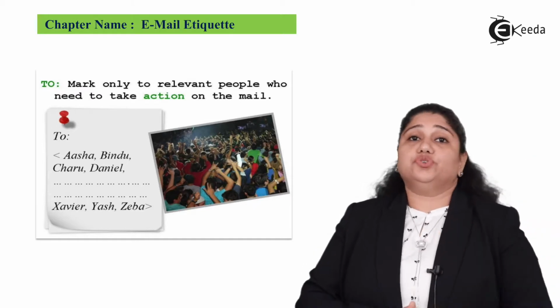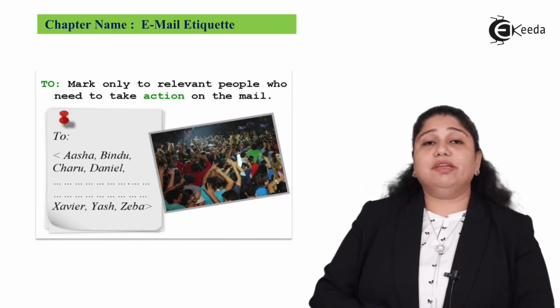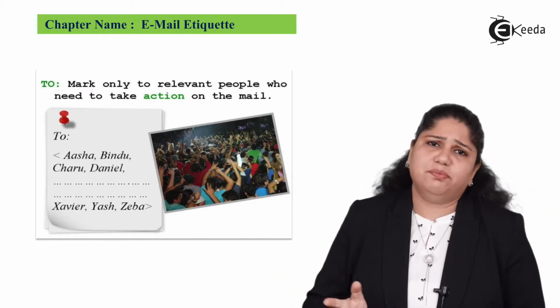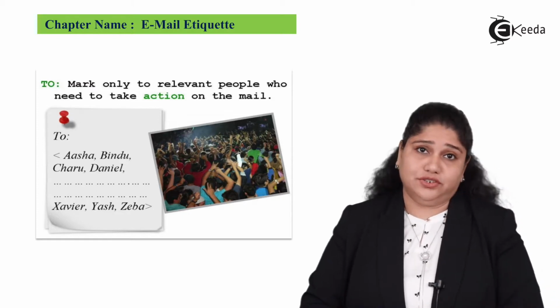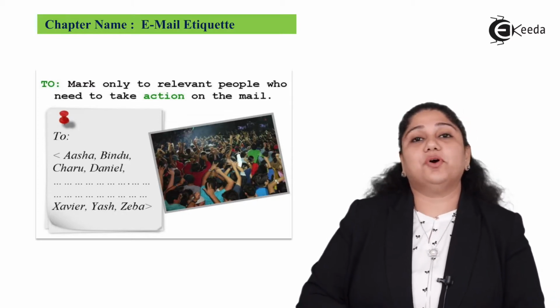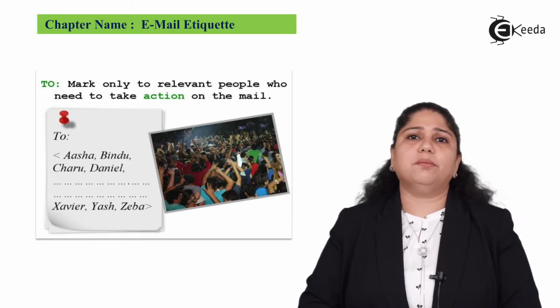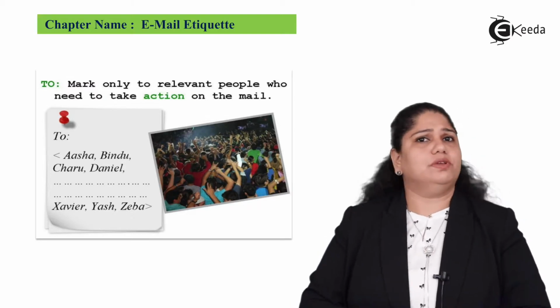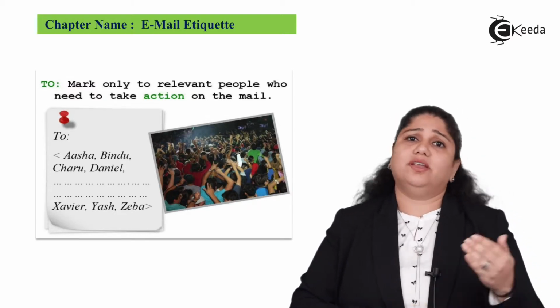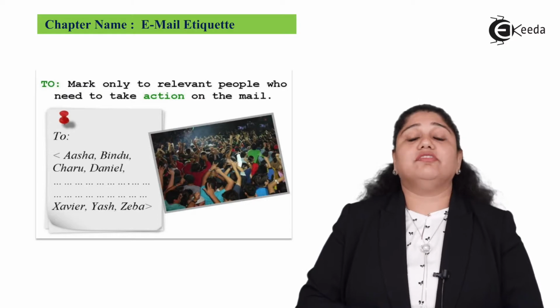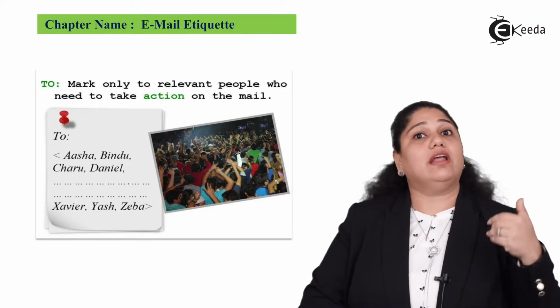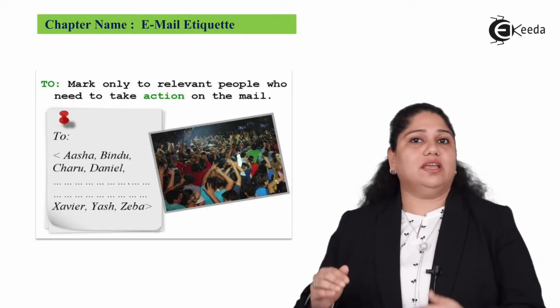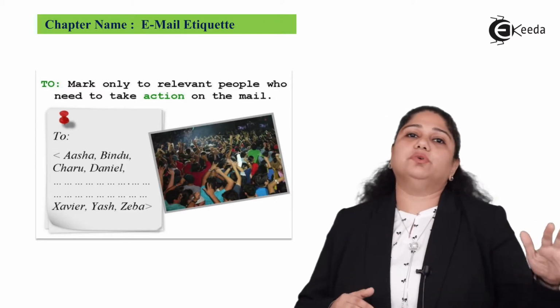Now another major issue is in the To bracket, we mark too many relevant people to take one single action. Suppose I want some HR activities to be followed in my process or in my work, and I feel that when I write to the higher authorities and keep them in To, that is when my work will be done.